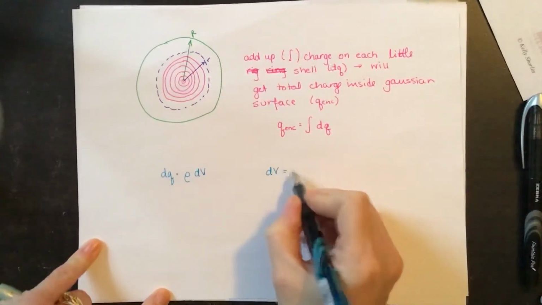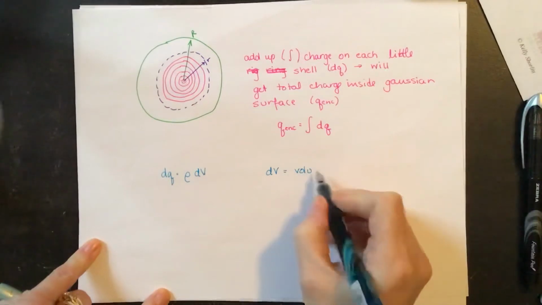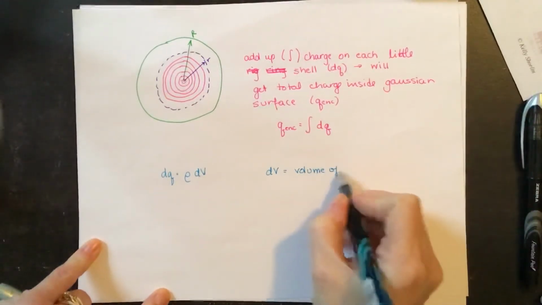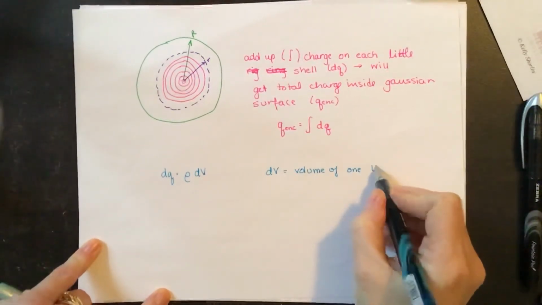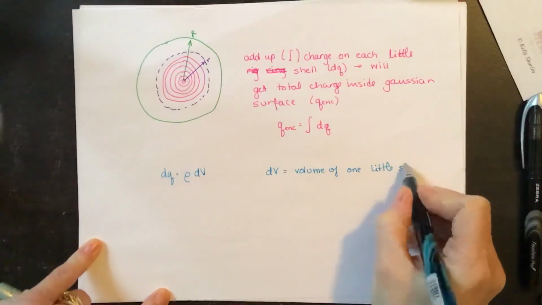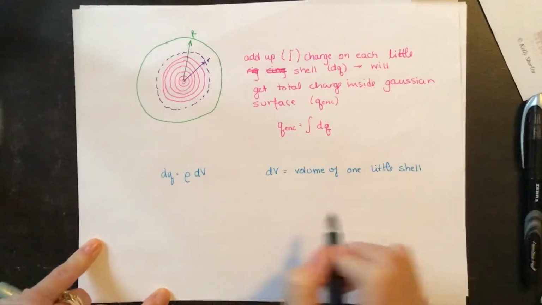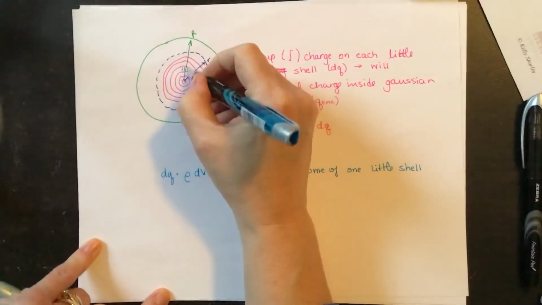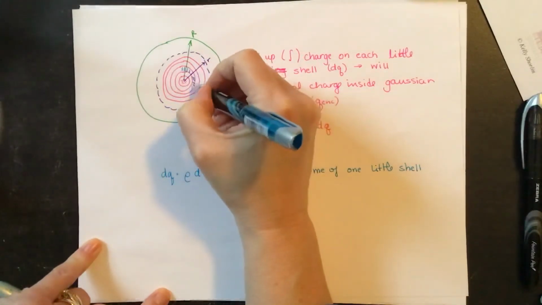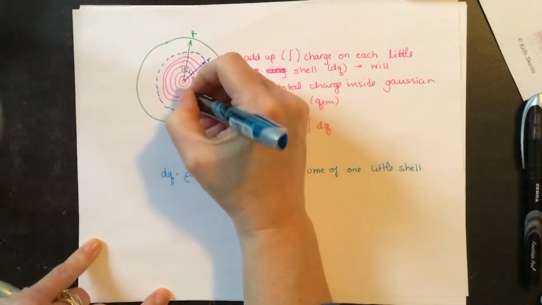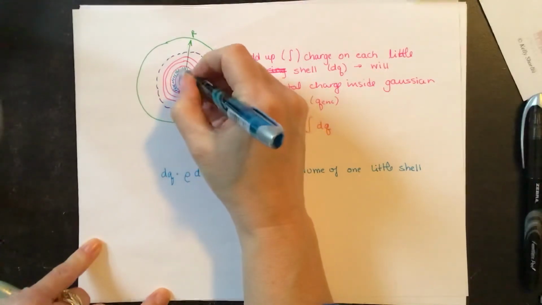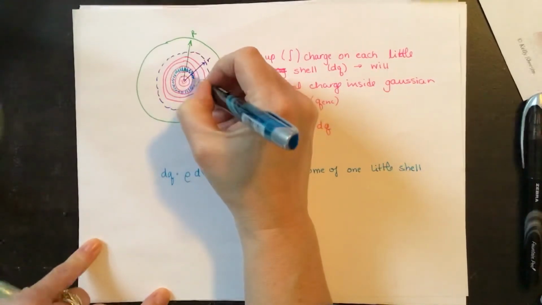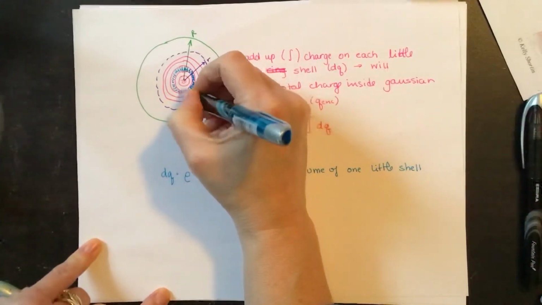So dv equals the volume of one little shell. Okay, how are we going to identify the shell? Let's shade one in on the picture. I'll just pick one at random, because normally we do shade in a dq when we start our problems.